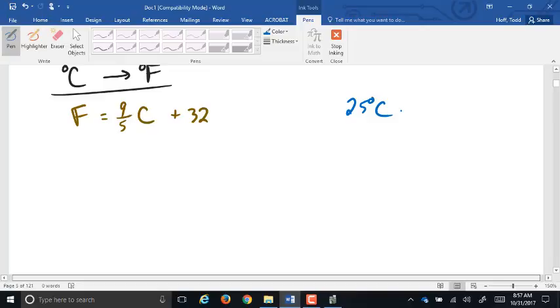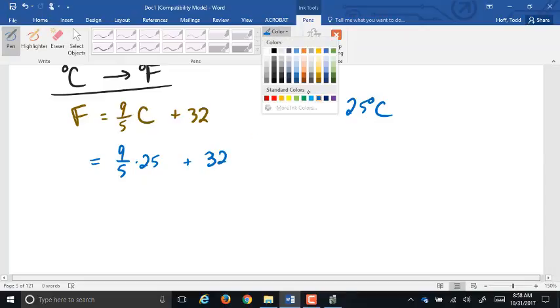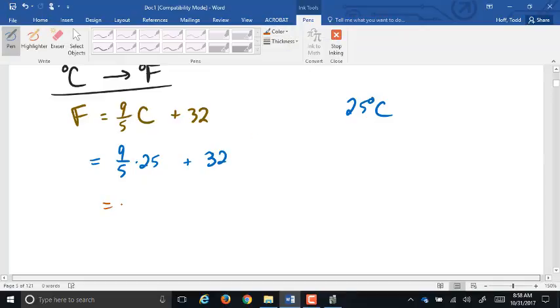Is that a good day, a nice day, or a bad day? Let's do 9/5. We'll put 25 in here for C, plus 32. 9/5 times 25 is 45, right? 45 plus 32 is 77. I would take a 77-degree day.